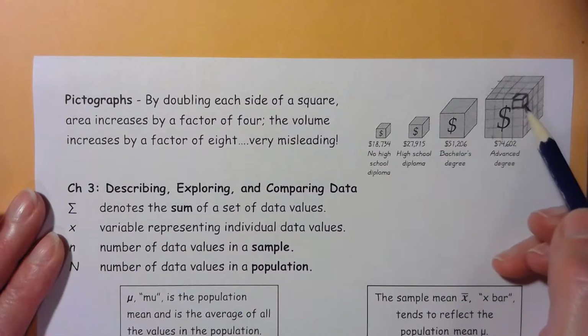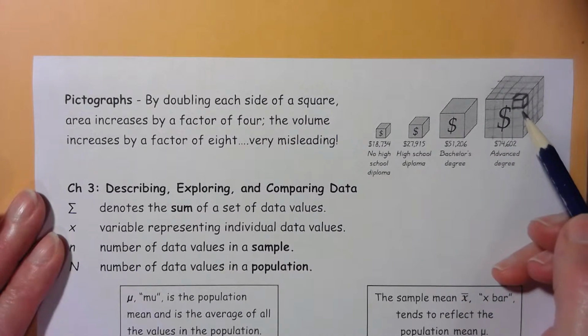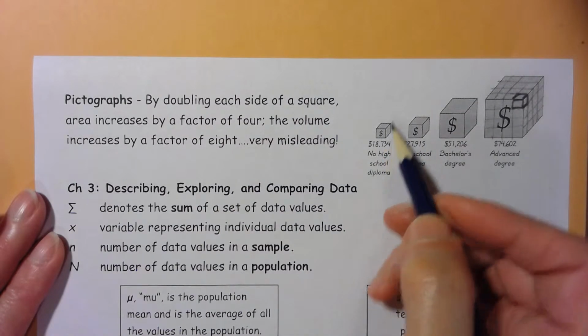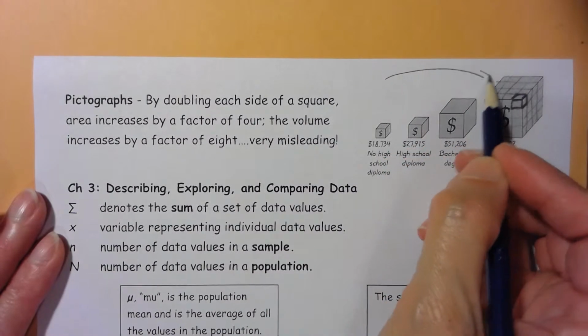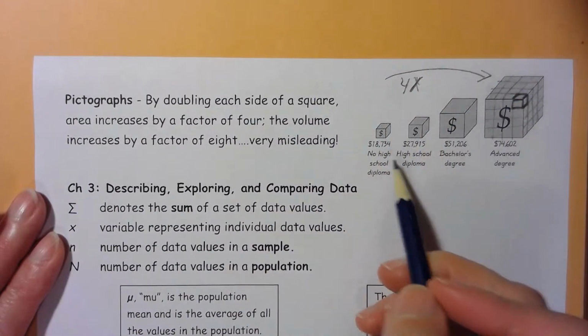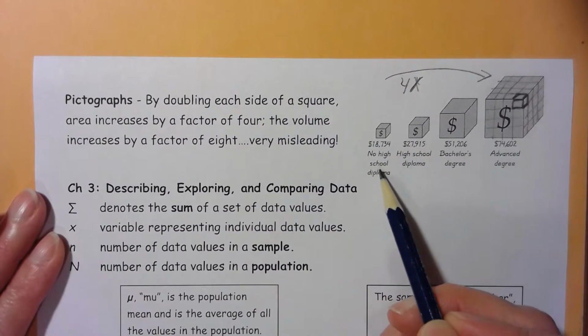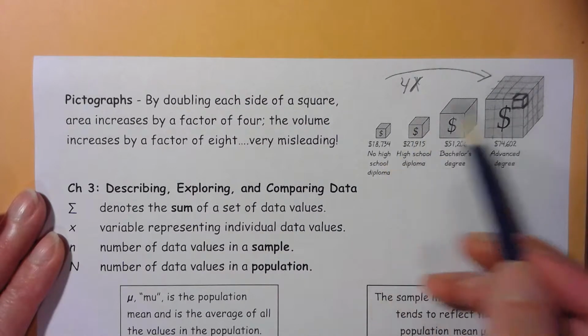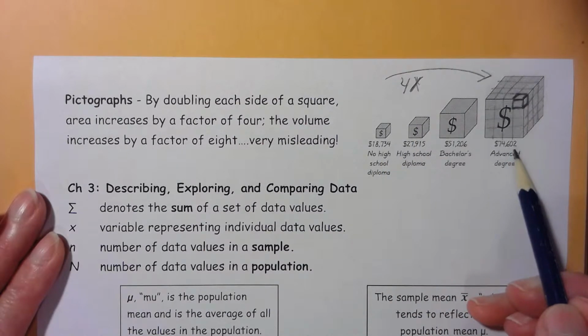But I kind of doctored up my picture here, and I would like you to do the same. This is very misleading because in reality, you can make about 4 times the amount, your salary or your income, having an advanced degree versus having no high school diploma. You go from $18,734 up here to $74,602.